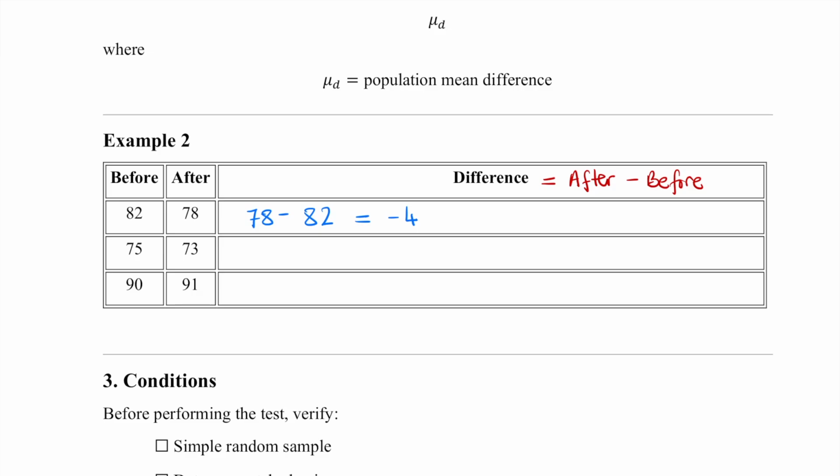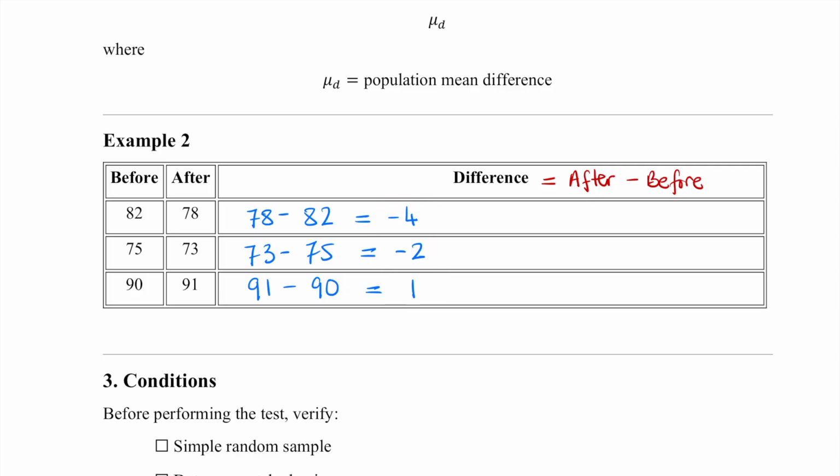For the second pair, I take 73 minus 75, which equals -2. For the third pair, I take 91 minus 90, which equals 1. These three differences become our sample.